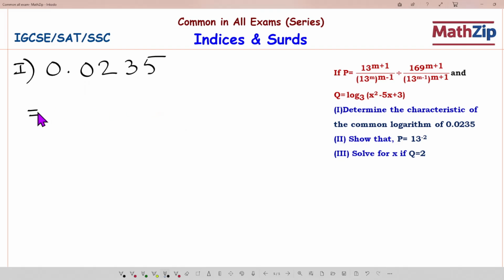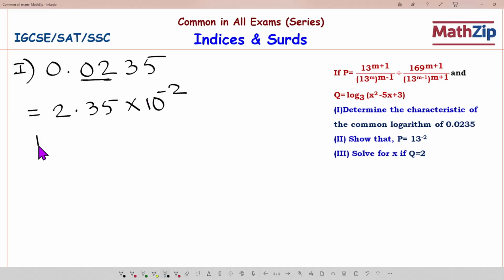First one, we can make this scientific notation. It means here is 0 and 2, we can write 2.35 times 10 to the power, we move these two after decimal to before decimal, so that's why it will be minus 2.